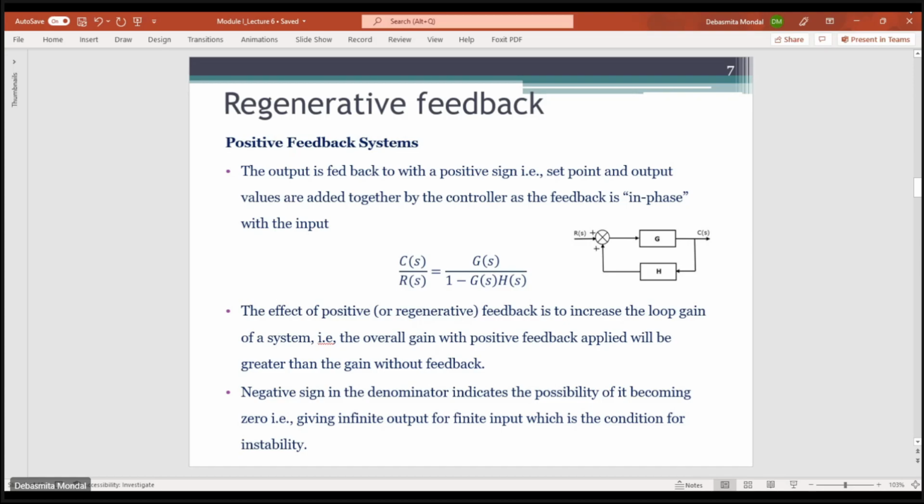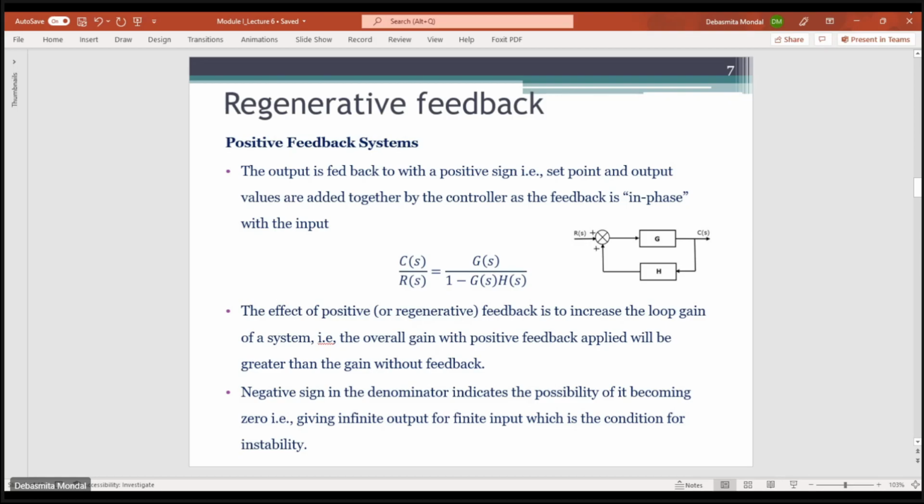Positive feedback means you just change the sign. Instead of using the difference between the reference input and the output of the feedback sensor, you take the summation of the two signals. Then it is known as a positive feedback system, also known as regenerative feedback.